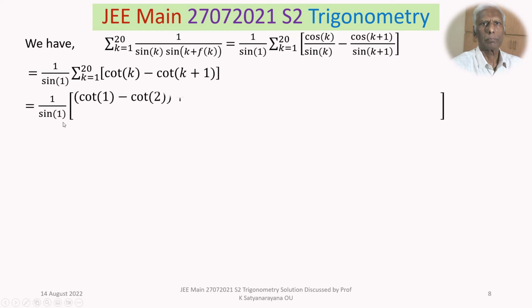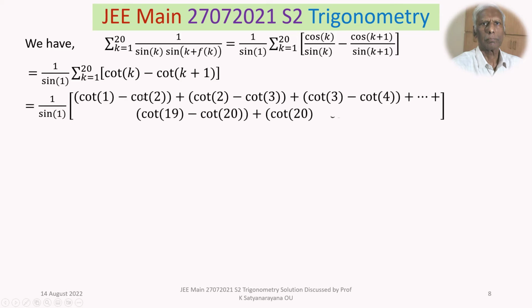1 by sin 1 into expand. For k equals 1, cot 1 minus cot 2. k equals 2, cot 2 minus cot 3. k equals 3, cot 3 minus cot 4, and so on and so forth. For k equals 19, the last but one term, cot 19 minus cot 20.